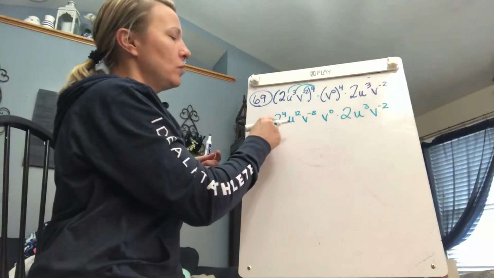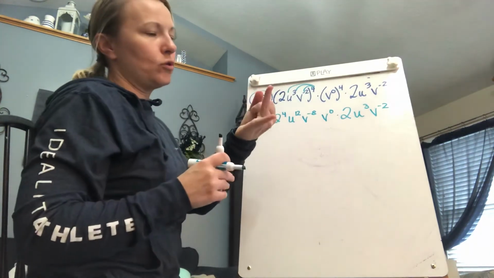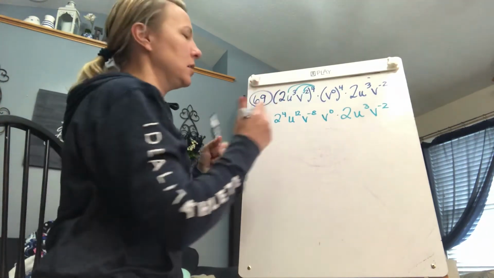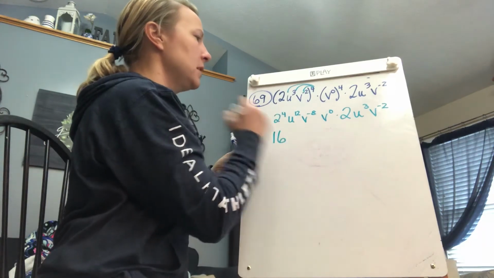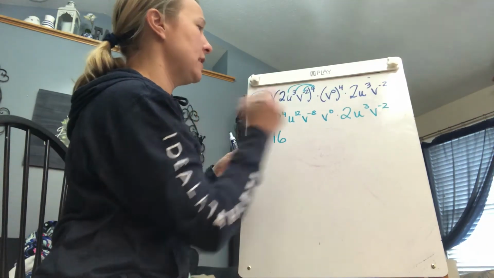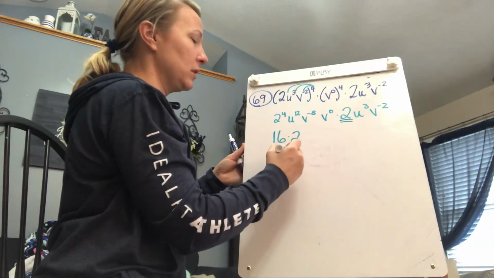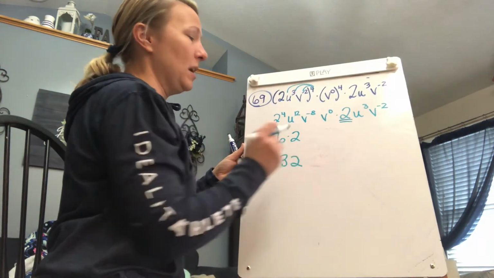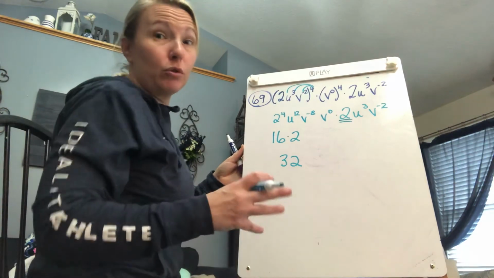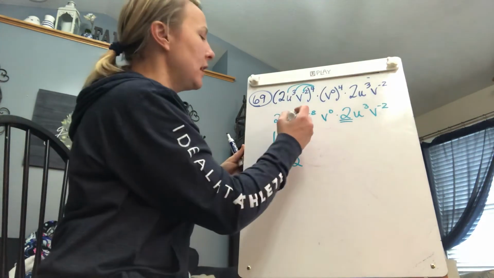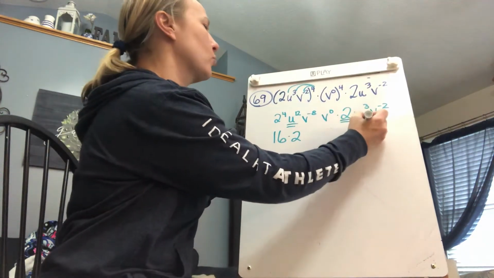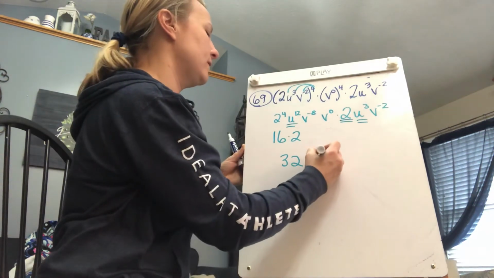Okay? So for the sake of this, I have 2 times 2 is 4 times 2 is 8 times 2 is 16. So I've got 16, and then I have this 2 here. So I have 16 times 2, so that really gives me 32. We've never done that before, but you can do it. I have faith in you. And then you've got 12 and 3 gives me u to the 15.